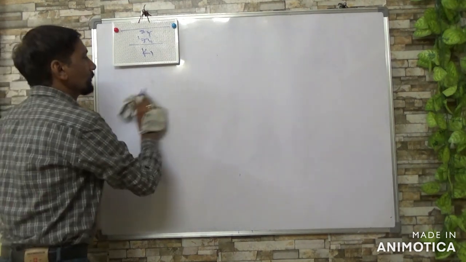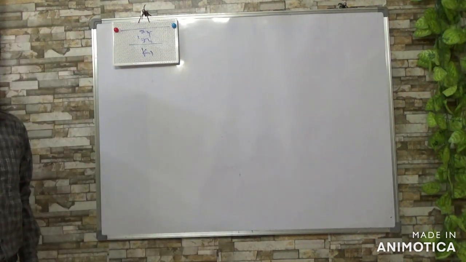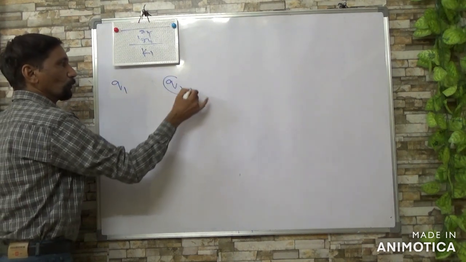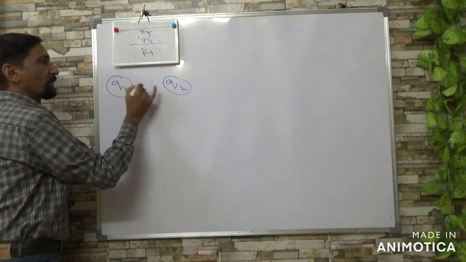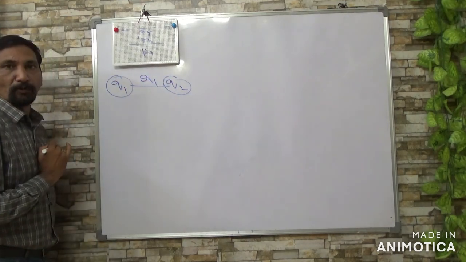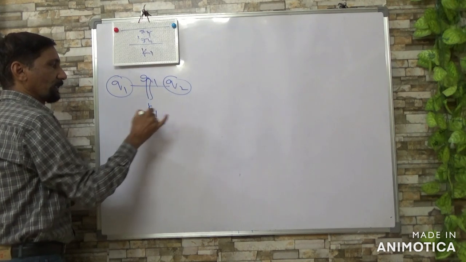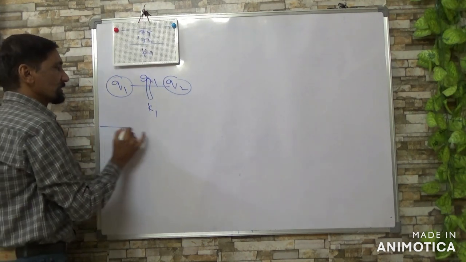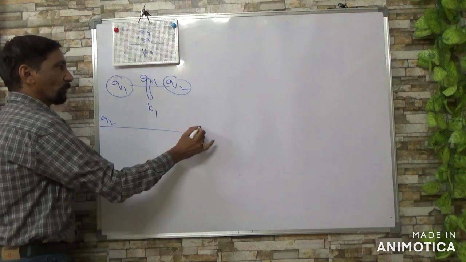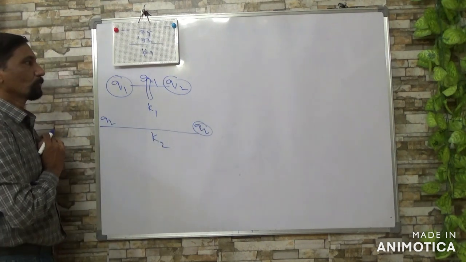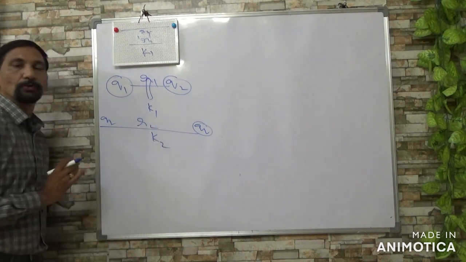Now, you have taken 2 point charges, say q1, q2, separated by some distance r1 with dielectric constant k1. Next, the same point charges are placed in another medium k2 at distance r2.